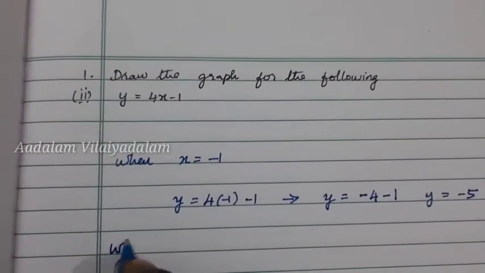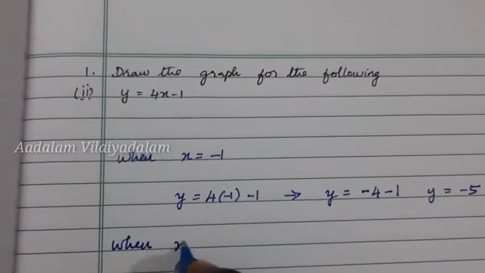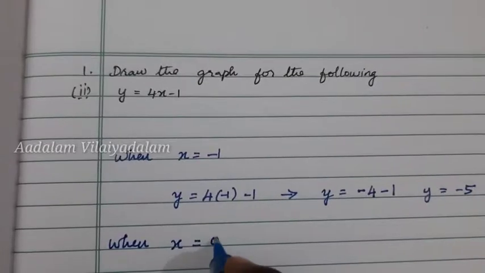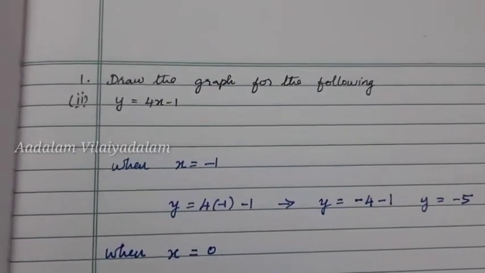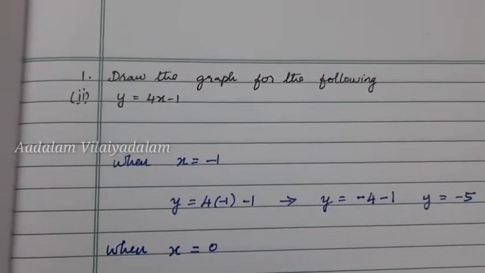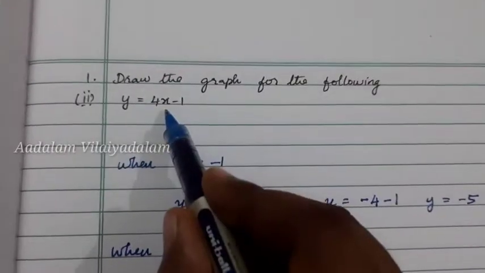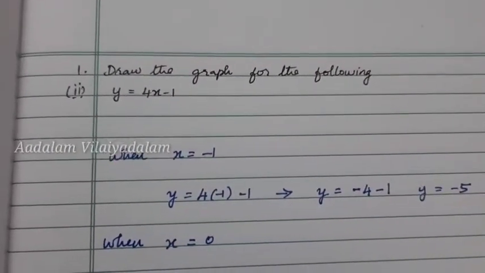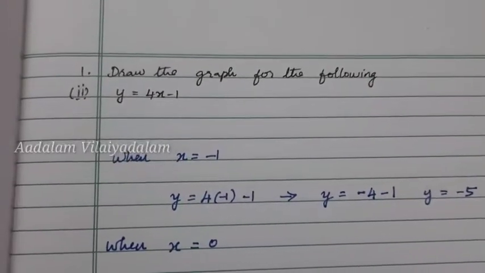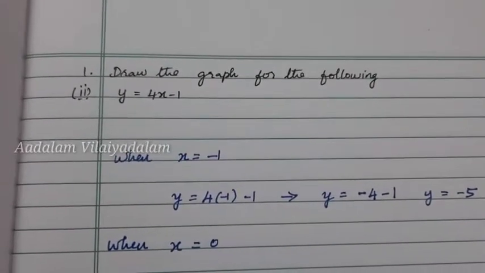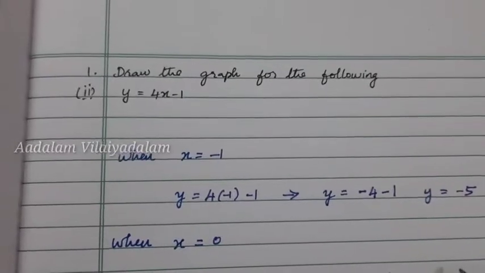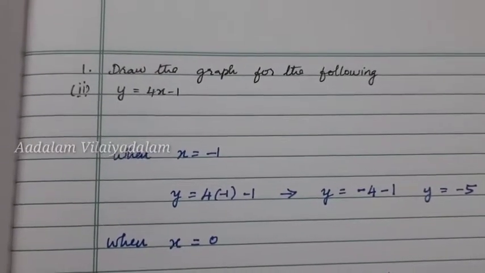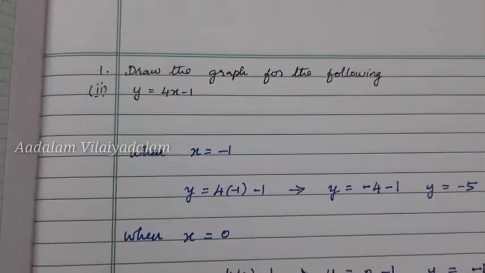Same procedure we can follow for the random value x equal to 0. Then we get y equal to 4 zeros are 0. Instead of x, we are substituting the value. Then we get y equal to 4 zeros are 0 minus 1. Therefore, y equal to minus 1.